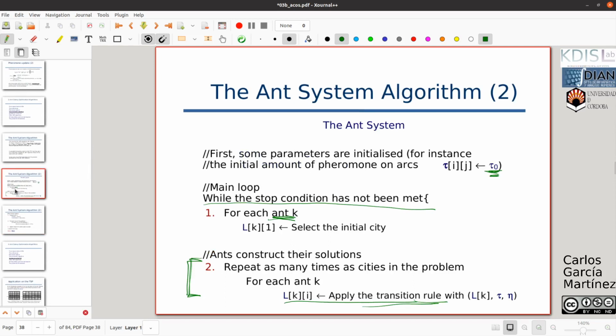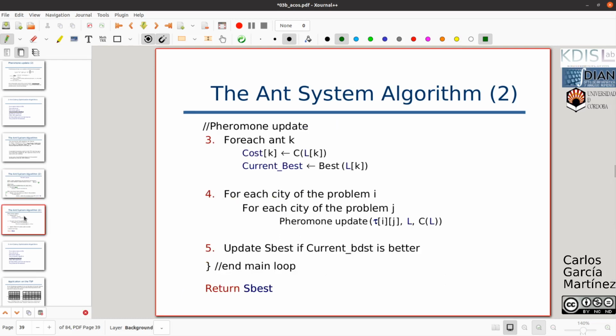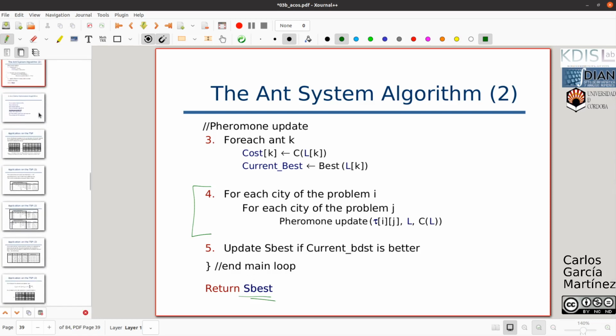Finally, after the ants have constructed their circuits, their solutions, these solutions are evaluated, and according to their fitness values, the arcs of these solutions receive an increase of pheromone. At the end, you return the best solution. That was the idea of ant colony optimization in this problem.